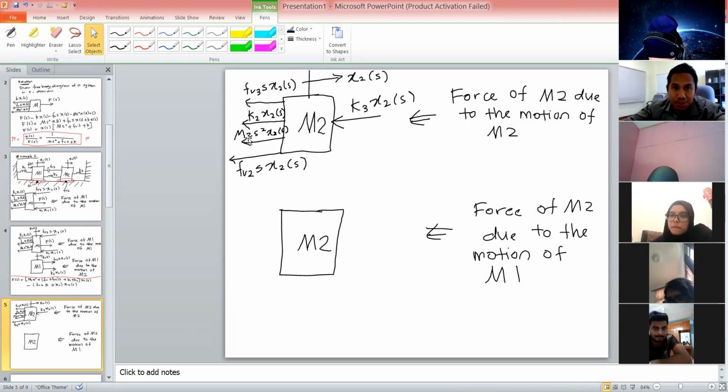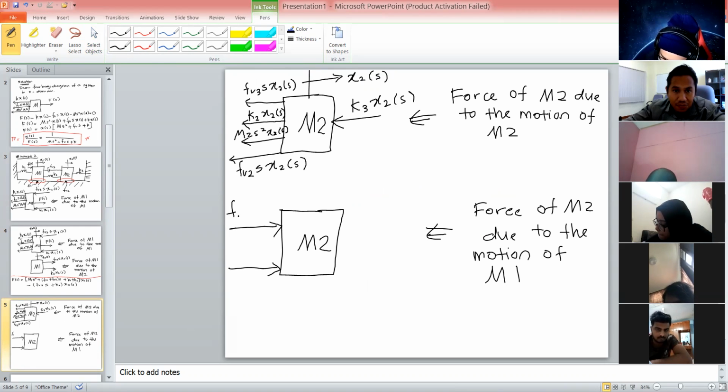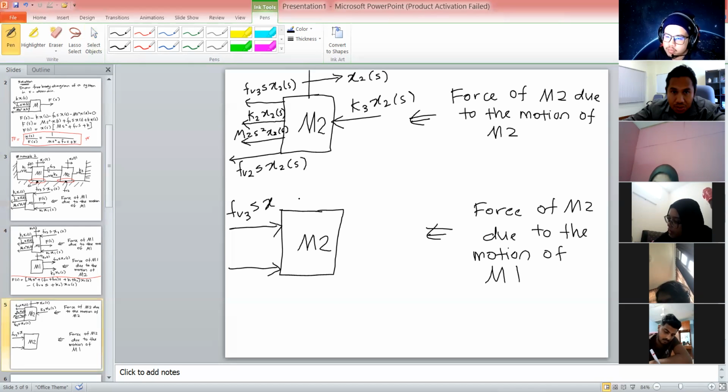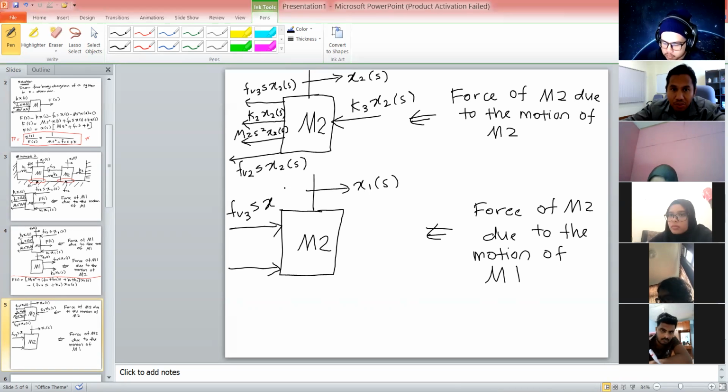The direction is supposed to be different from all the resistance here. So this one is FV3 times S times X2S. Are you sure S2S? Due to the motion of M1, is this S2 or S1? S1, right?